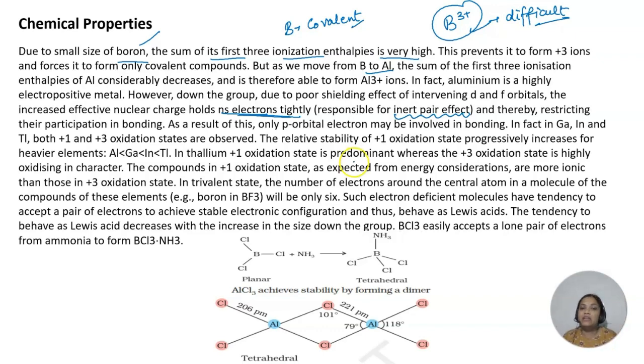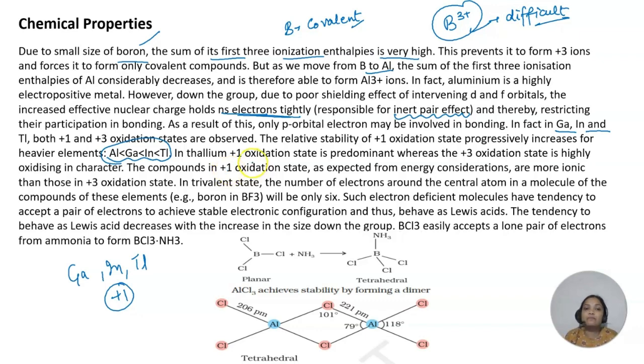So only p electrons will be involved in bonding. That is why gallium, indium and thallium, in addition to the +3 state, will show the +1 oxidation state also, because s electrons will not participate in bonding. The stability of the +1 oxidation state increases for heavier elements, because of the poor shielding of d and f electrons.